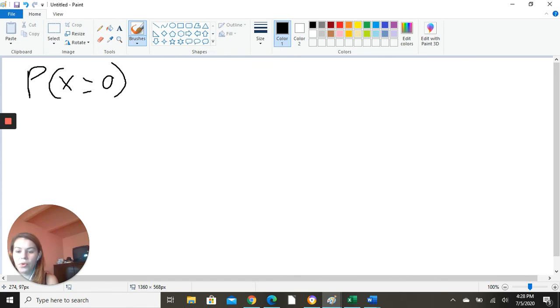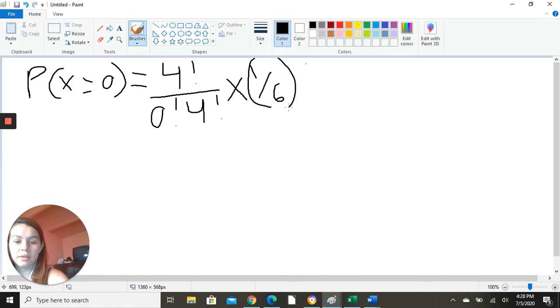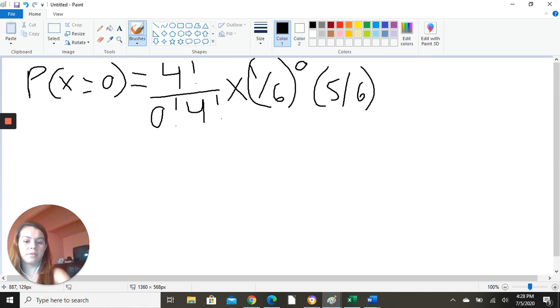P(x equals 0) equals 4 choose 0, the number of trials, that's what we're focusing on, finding the 0 twos, times 1/6 to the 0, then 5/6 to the 4.